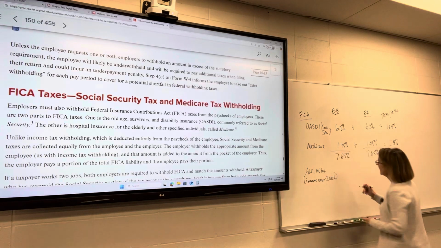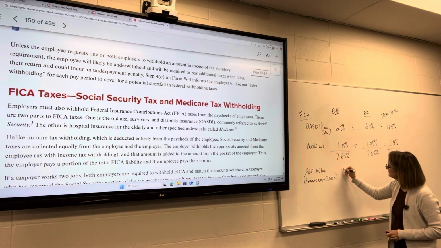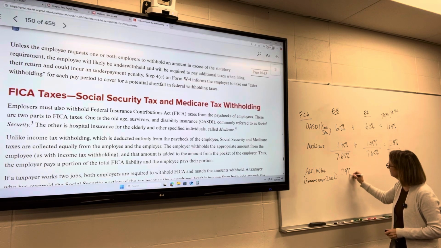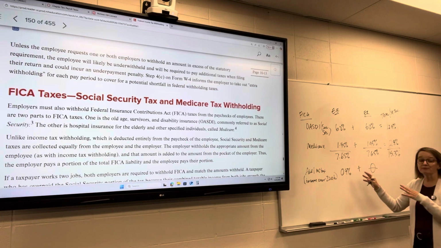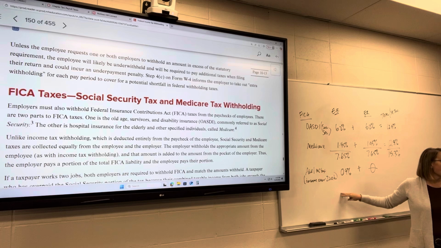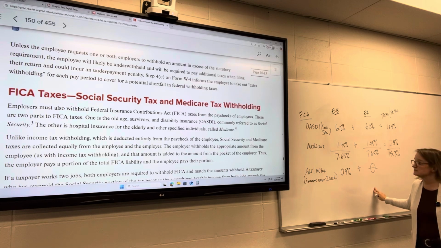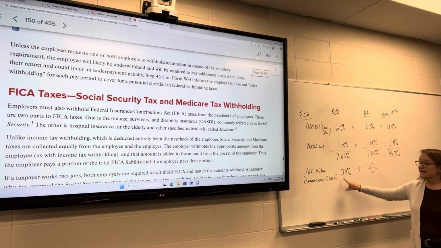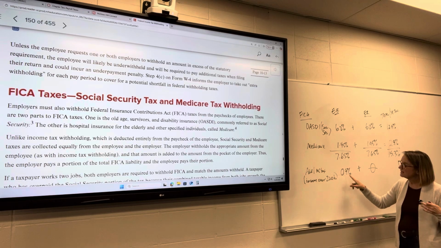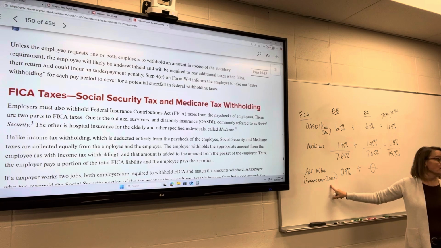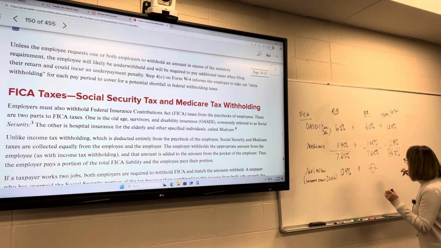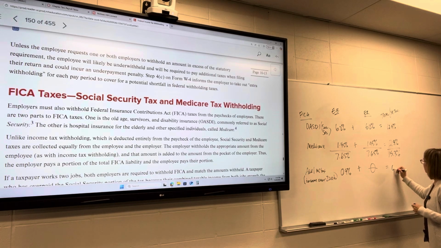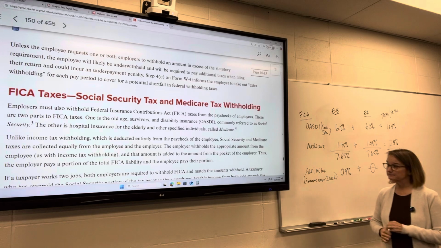The amount of the tax is 0.9%. But it is only applied to the employee. It is not applied to the employer. The employer doesn't pay any of this tax. And so it would be 0.9% on income over $200,000 that would start to be withheld from employee paychecks. So again, the total amount would be 0.9%.